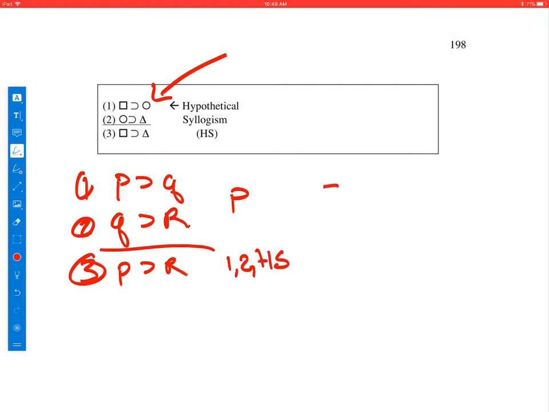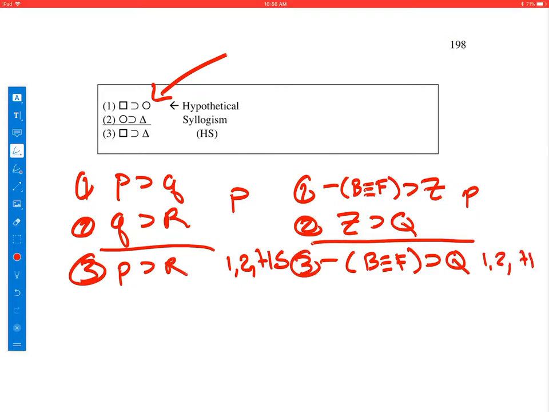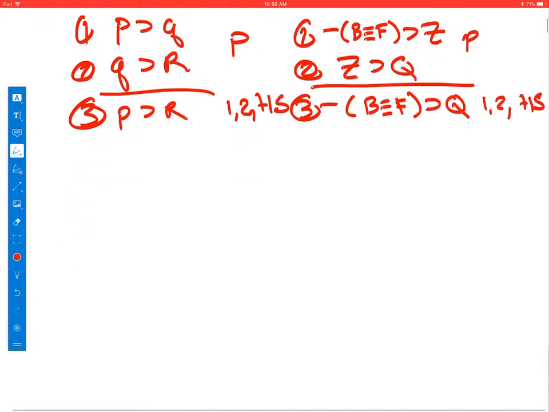So for example, suppose we have not B if and only if F, then Z, Z then Q. Well, if we knew these two things, these are premises, we could deduce not B if and only if F, then Q. And that would come from 1 and 2 by hypothetical syllogism. Okay, moving on.